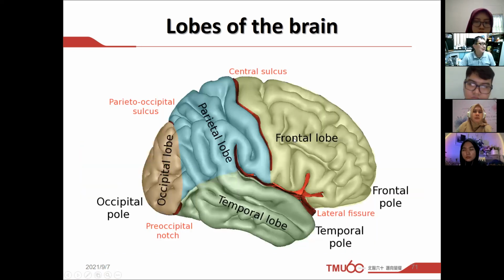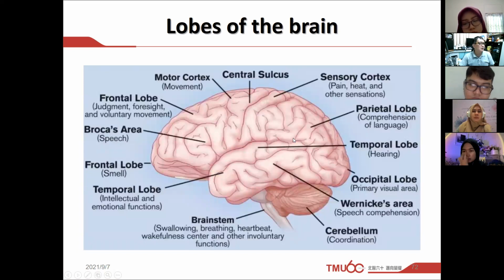Okay, let's see the different lobes with different functions. Let's see the central sulcus here. That's this area here. This is very important information. In the front here is the motor cortex. After that is the sensory cortex.